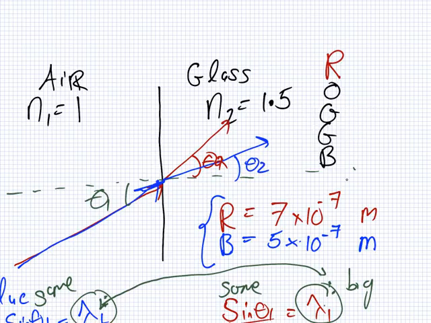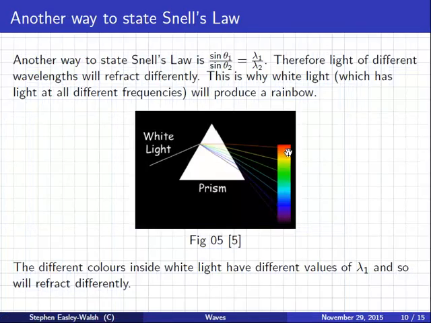Blue is further down. So you'll get the rainbow here. And if we look here, that's what we get: red, orange, yellow, green, blue, indigo, violet. Because the angles for these ones will be bigger than for the angles up here, because the wavelengths here are bigger than the wavelengths here.